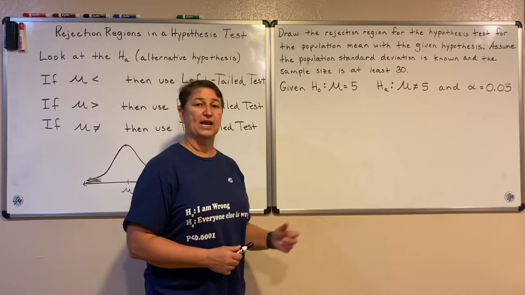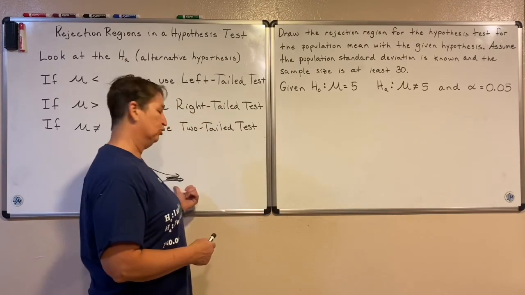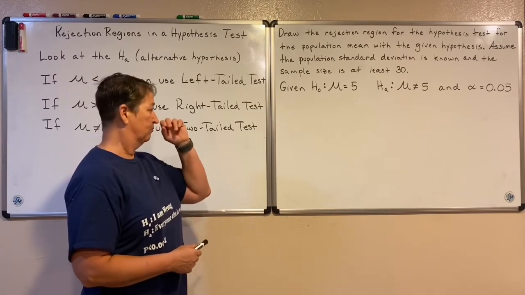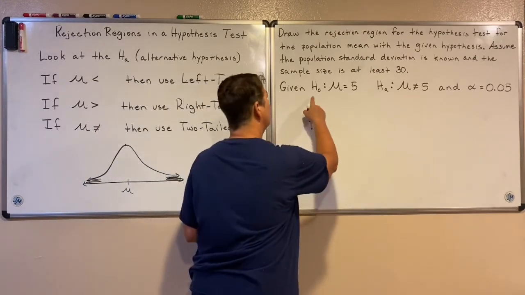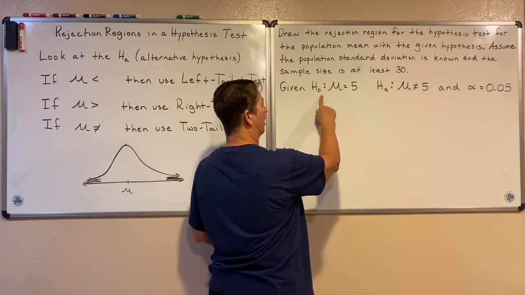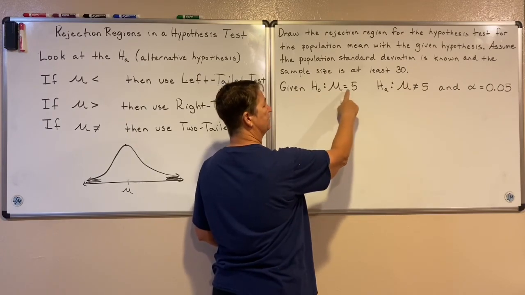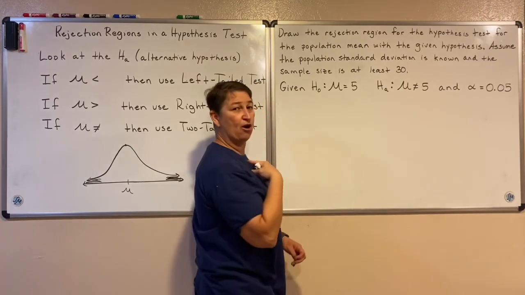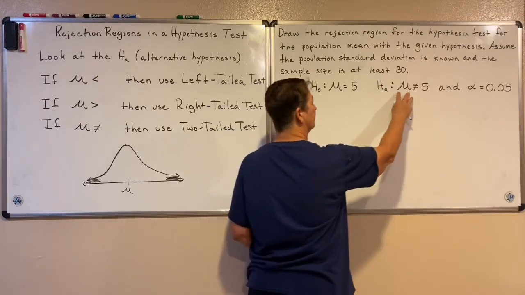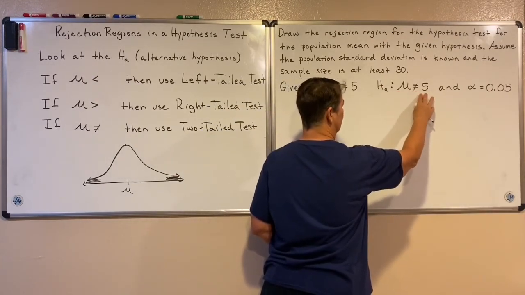So when I look at it, I know that the distribution I'm looking at is a normal distribution. So here, our null hypothesis has that the mean is equal to 5, and our alternative hypothesis is that the mean is not equal to 5.